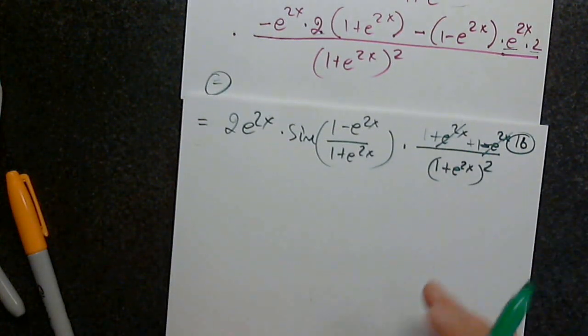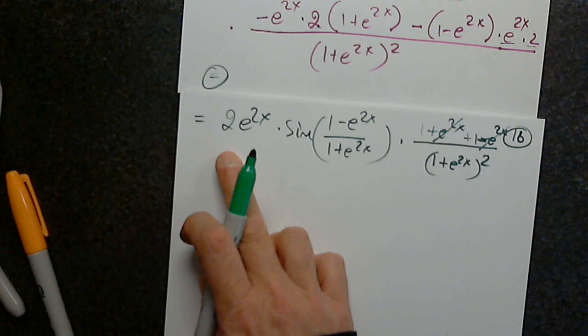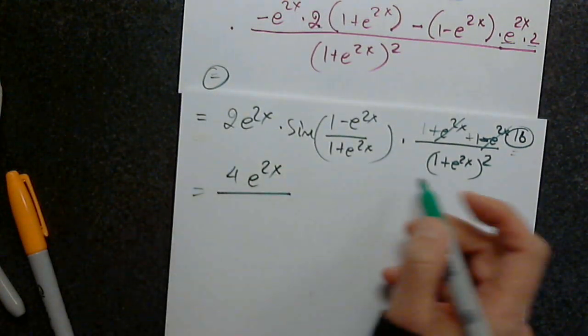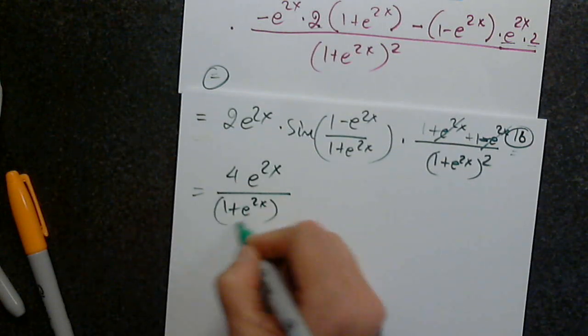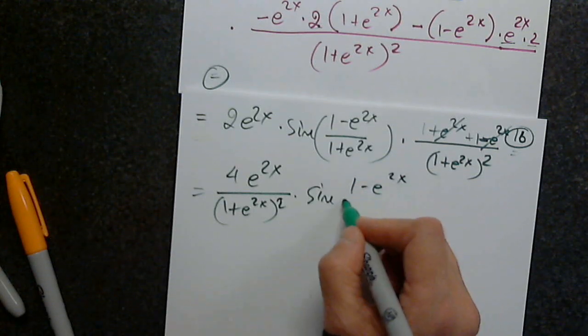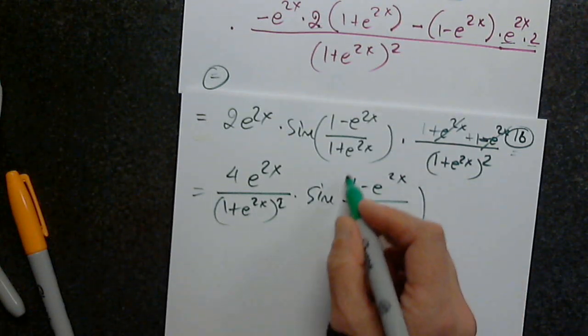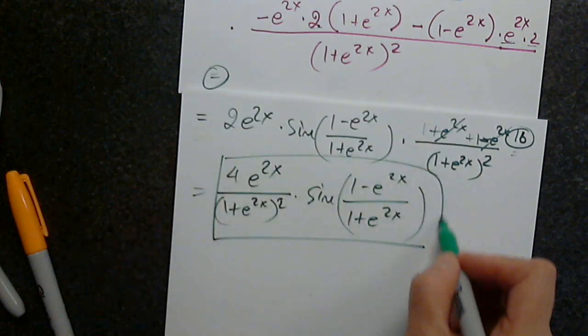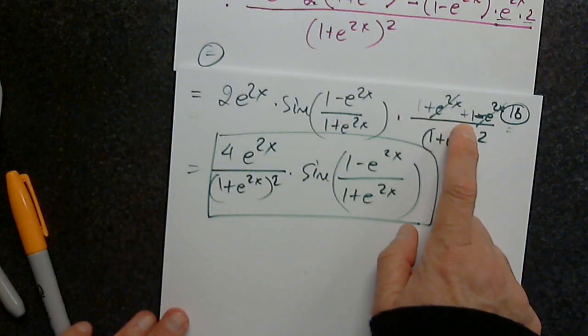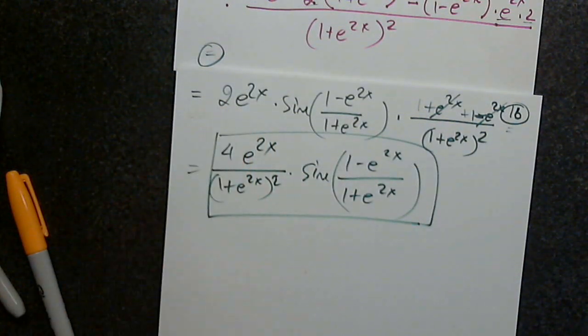These two go away, and 2 gets multiplied by this 2, so 4 e to 2x over 1 plus e to 2x squared times sine of 1 minus e to 2x over 1 plus e to 2x. And this is final. No one can simplify this any further. See if you have any questions. Because I have 1 plus 1, which is 2, and I put it in front, yeah, multiplying it by 2.